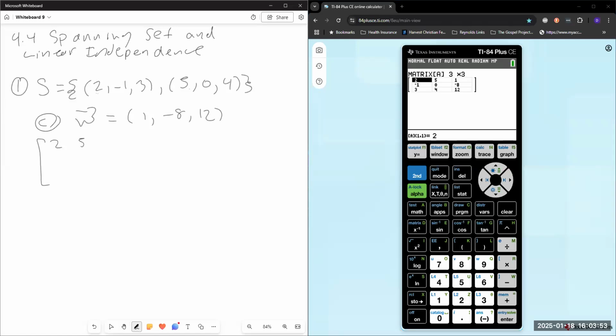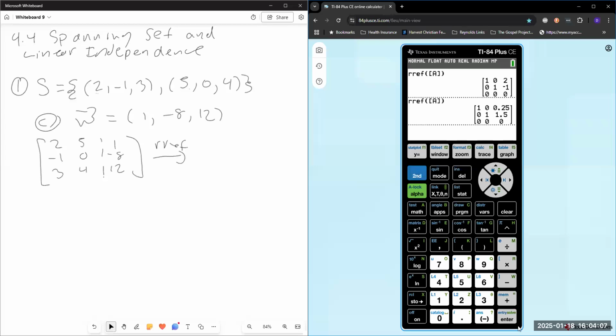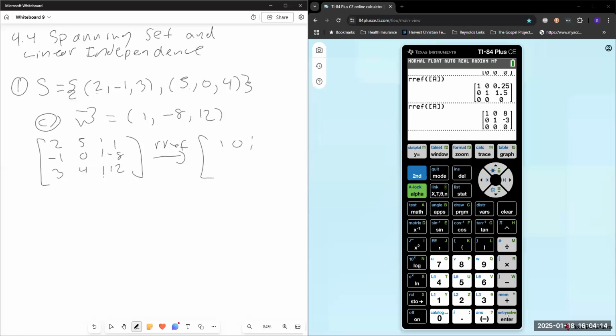So 2, 5, 1, -1, 0, -8, 3, 4, 12. RREF. Second entry, and we get 1, 0, 8, 0, 1, -3, 0, 0, 0.